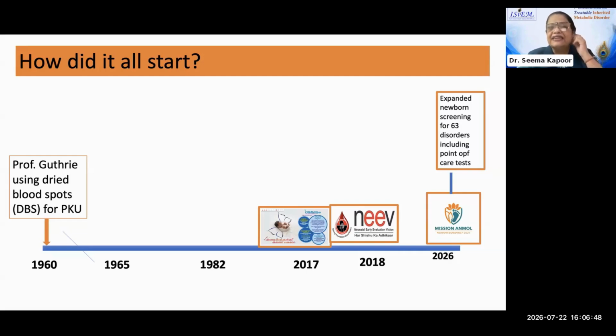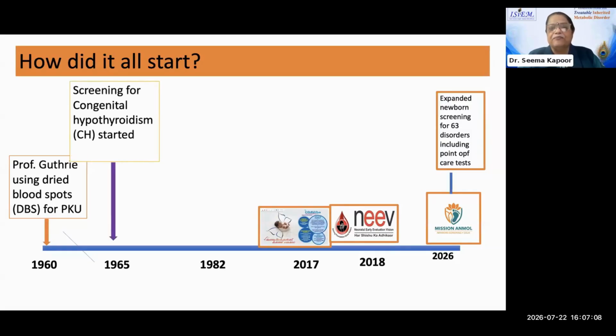He decided to check his grandchildren, and found that they had a disorder which we now know as PKU. So with this, many of us still recognize the filter paper cards as Guthrie cards. And that's very commonly used in our literature.